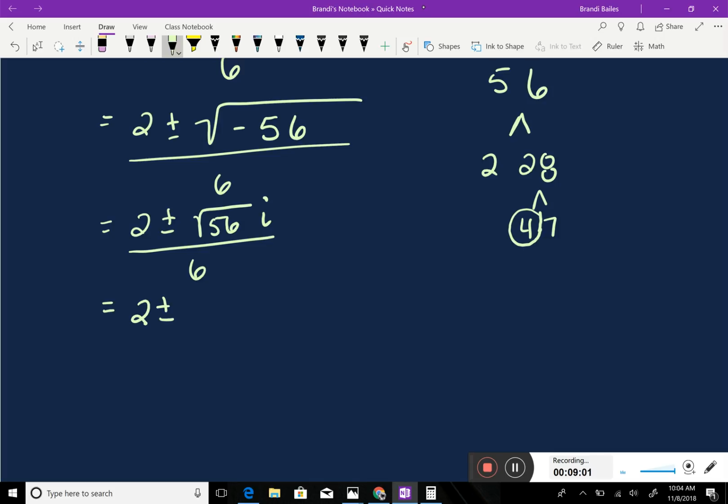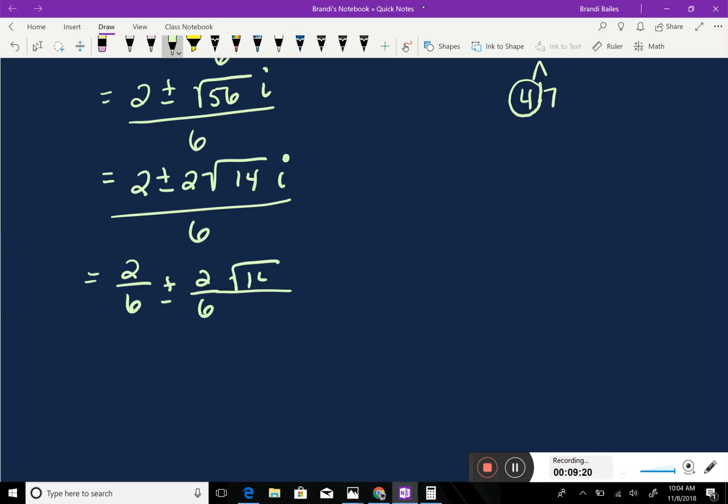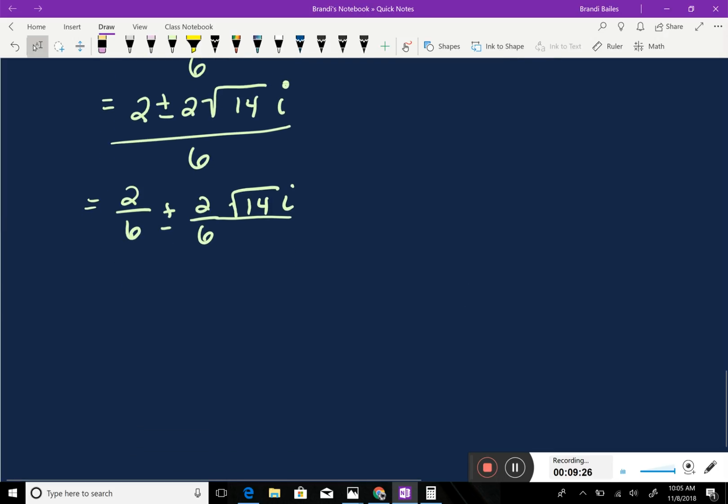If I take the 4 out of the square root, I'll have a 2, and what's left over would be a 14. The i stays along for the ride, and divide by 6. Again, I'll separate these into two terms since it's a complex number. I get 2 over 6 plus or minus 2 over 6 again, times 14i.